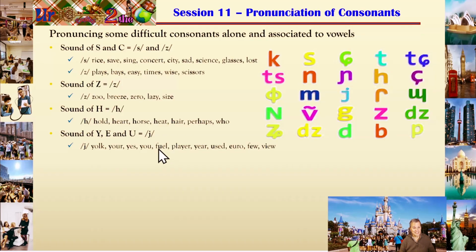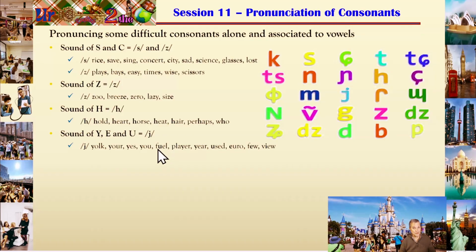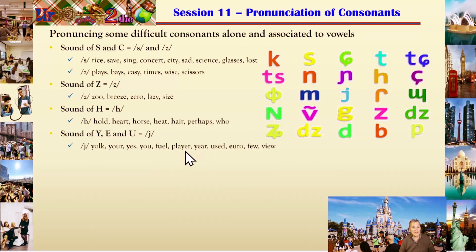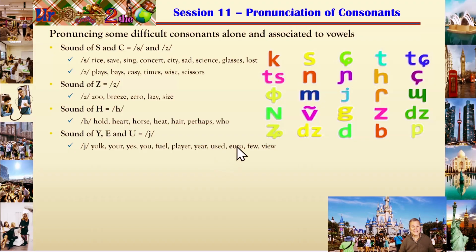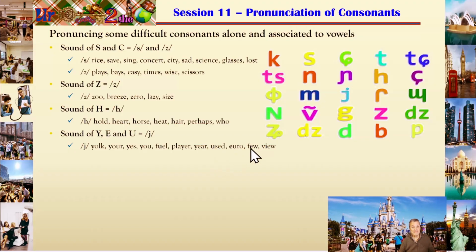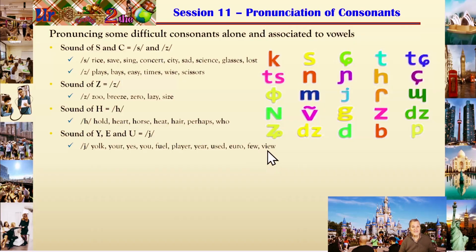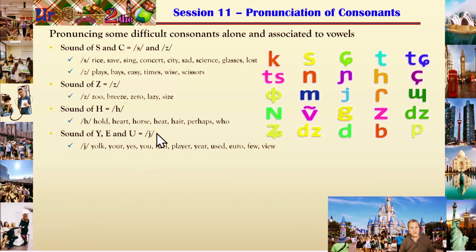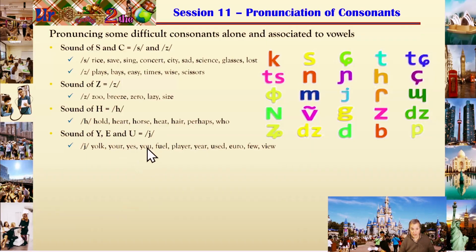All right, in this case, this U is pronounced U, right? Fuel, player, year, used, euro, few, view. As you can see, in this case, the sounds of the letters Y, E, and U are pronounced the same way with the sound E.